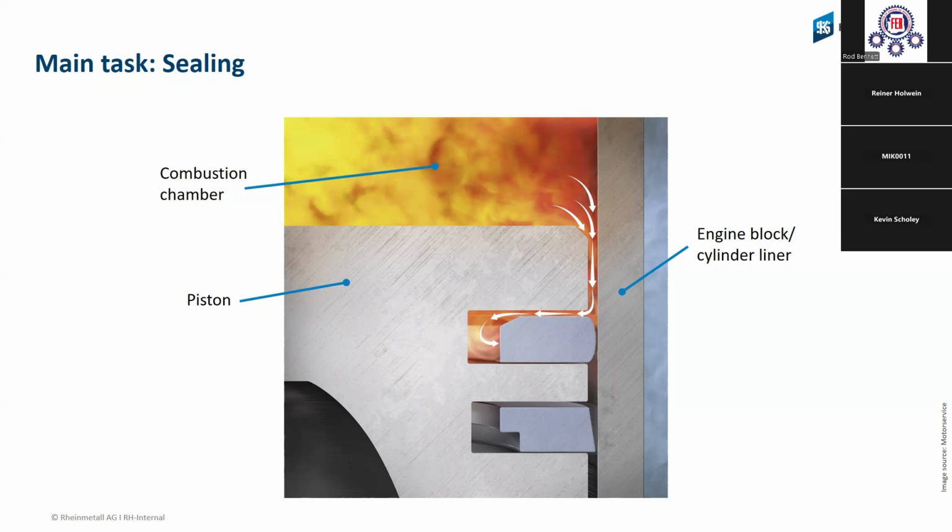This is why, in the normal situation, we must know that when we run an engine at idle speed, the pressure is also not very high. Then we also don't have the sealing effect, and we can have more blow-by. That means when the engine is running at idle speed, this is not helpful for them.